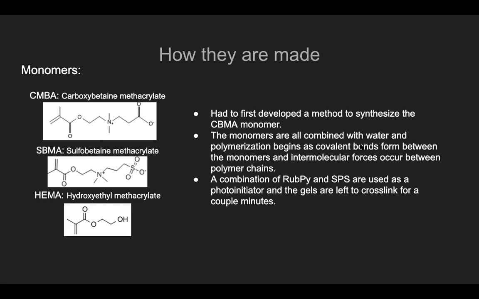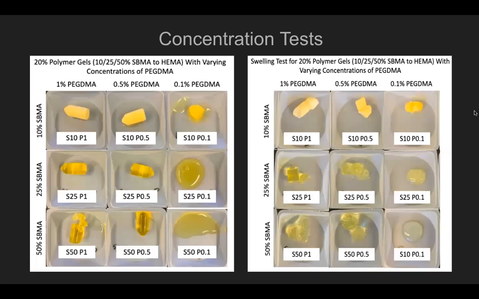And then to determine the best procedure for making these gels, a variety of tests for the polymers, monomer to monomer, and cross-linker concentrations were performed. Based off these tests, we were able to determine a good range of concentrations that gave us the desirable characteristics.